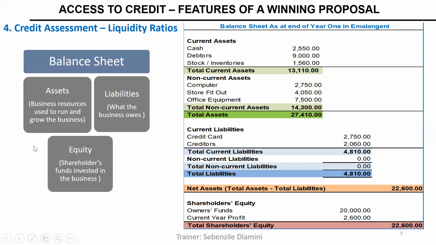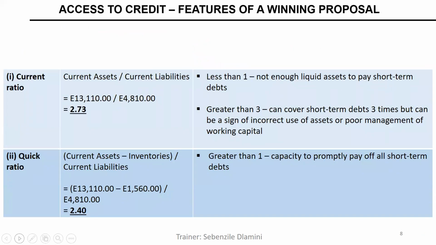To explain this further, assets are the business resources used to run and grow the business. Liabilities constitute what the business owes. Equity constitutes the shareholders' funds that are invested in the business.